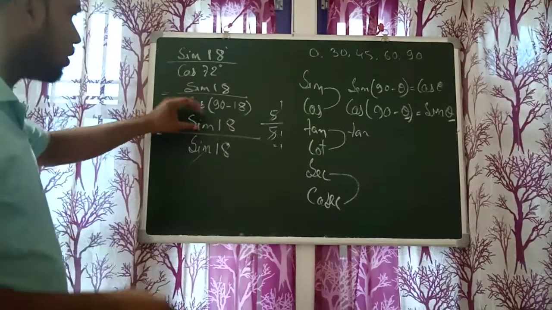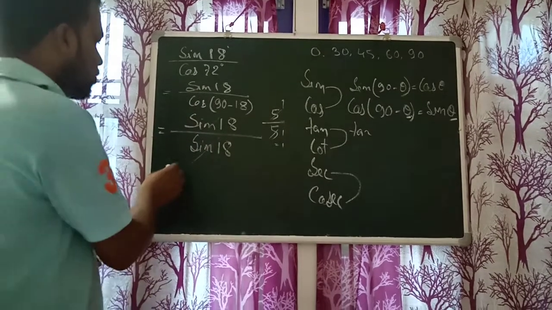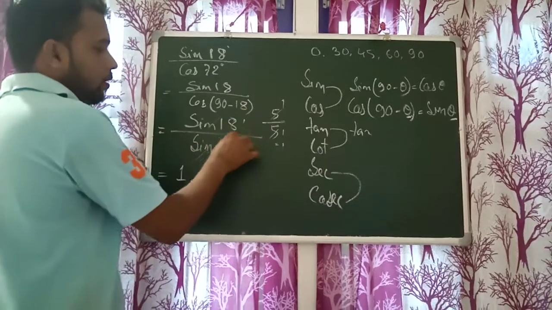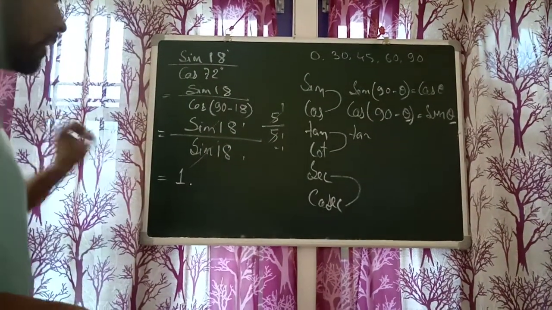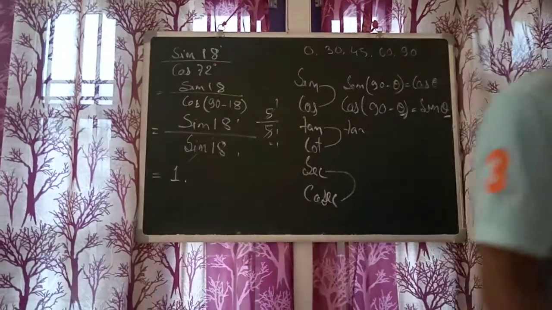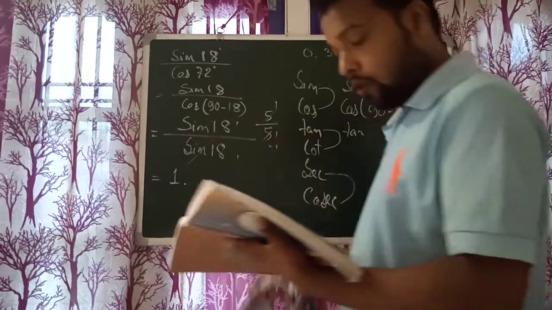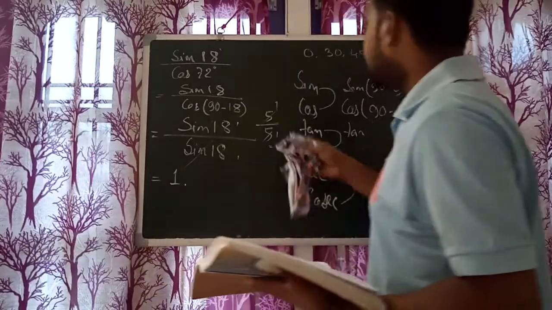Like this way, this one and this one both are same, so it is 1 by 1, equal to 1. Like this way you have to do, easy only, not so hard. Then I am going to explain one more from this.